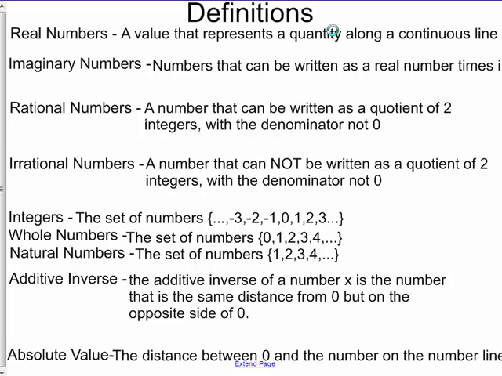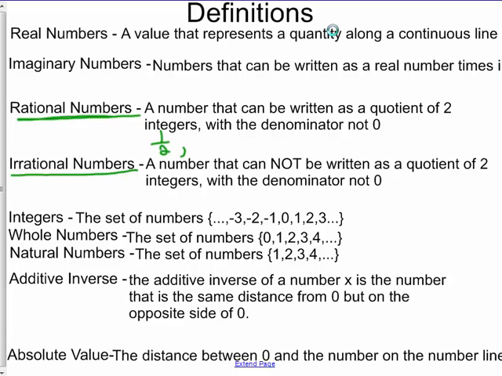So we have those. But we know that there are other numbers as well, right? Not just whole numbers or natural numbers or integers. We have other numbers in there. So what about 1/2? What about 3/8? What about pi? All these other numbers here. Well, we can kind of describe these as rational numbers or irrational numbers.